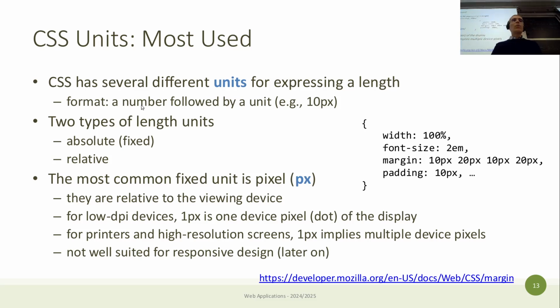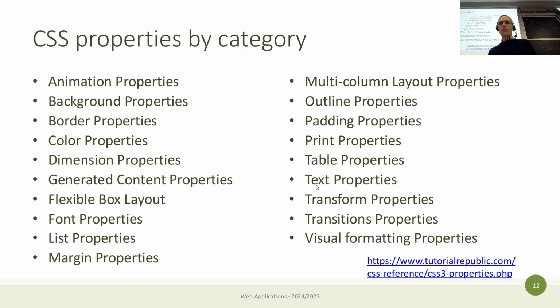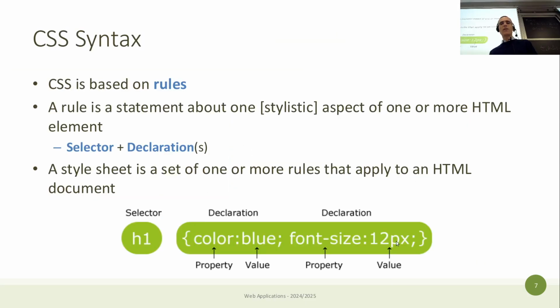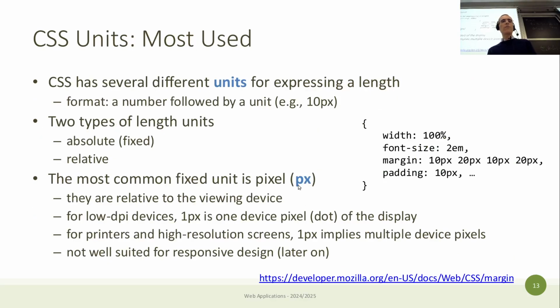Sometimes we need to specify measures, units, in CSS. We already saw the px, that was pixel. Yes, px, pixels. The most common fixed unit is the pixel, the dot of the screen, and this belongs to the absolute type of units, because they are not relative.